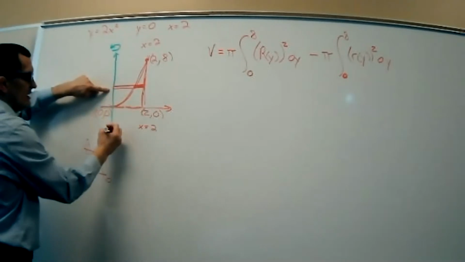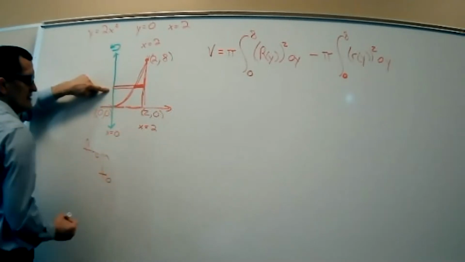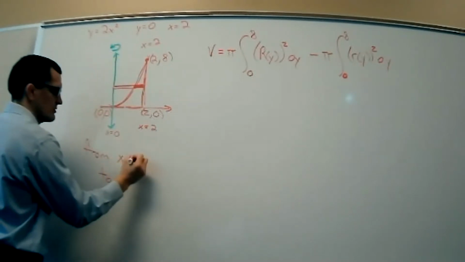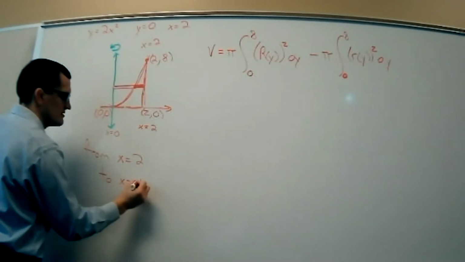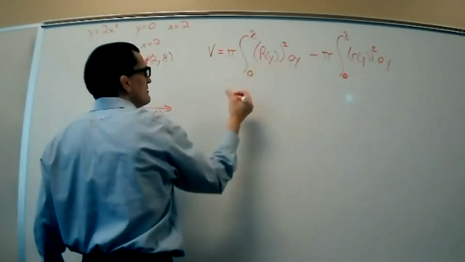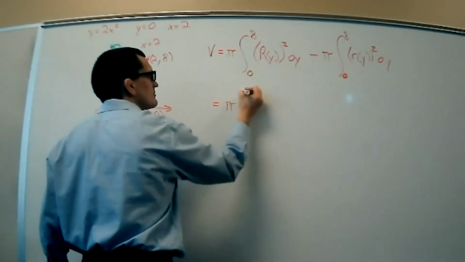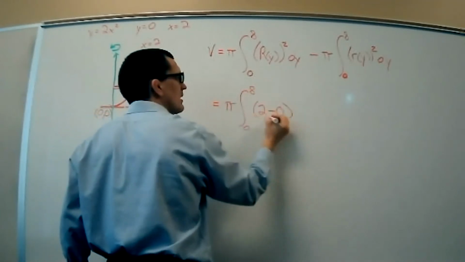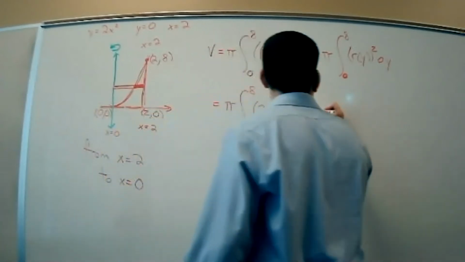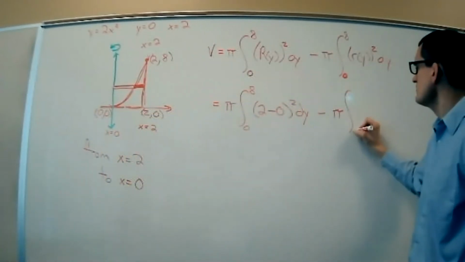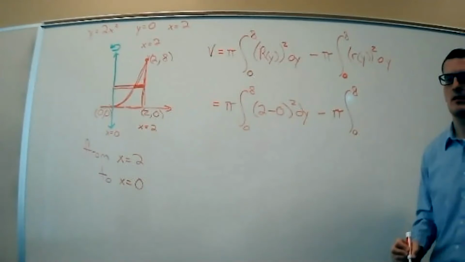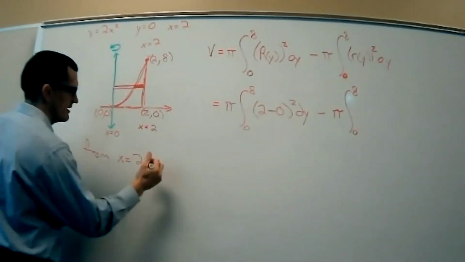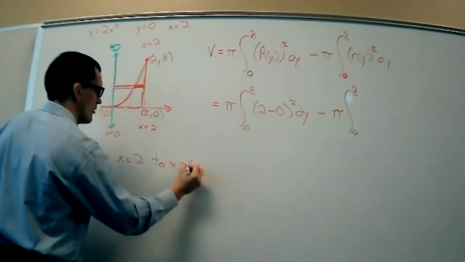The line over here, obviously the y-axis, is the line x equals 0. So if you go from right to left, it's from x equals 2 to x equals 0. So the bigger radius is from 2 to 0. Okay. The smaller radius, I should have written that. So that's the big.